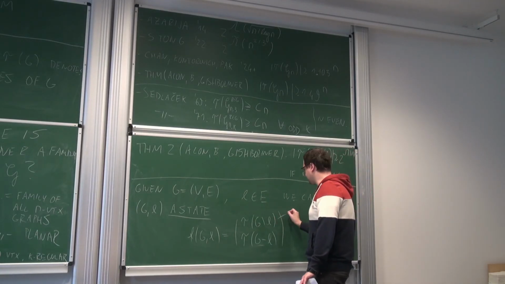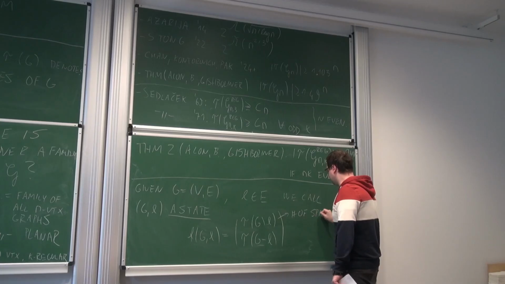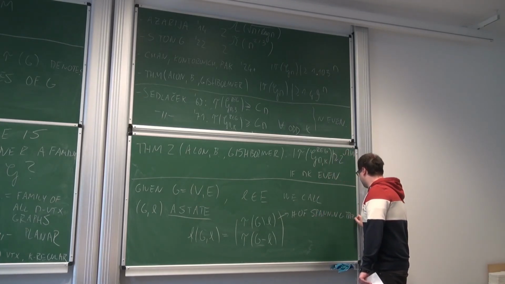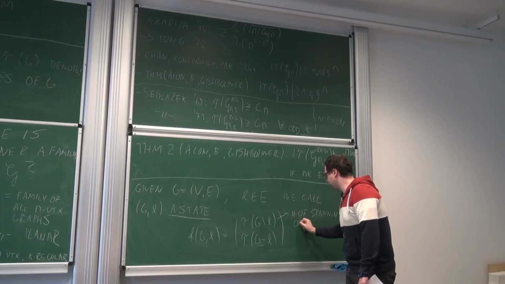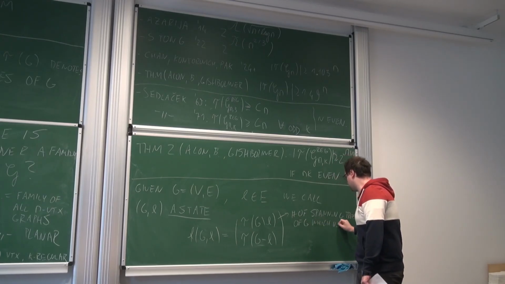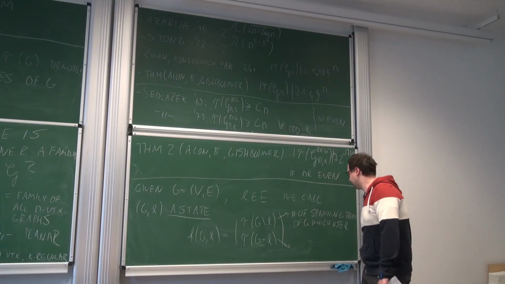It's just a convenient notation. What you should think of this is number of spanning trees of G which use E. And this one is the ones that don't use E.